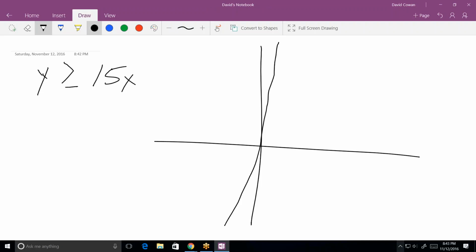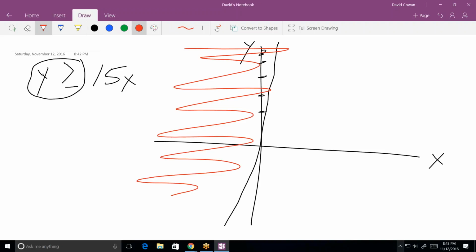Remember, it's always above or below, never left and right. Go to the y-axis. Pick a point on the y-axis that is greater than or equal to this line. Well, that point, that point, every one of them indicates that we're in this area here, right?